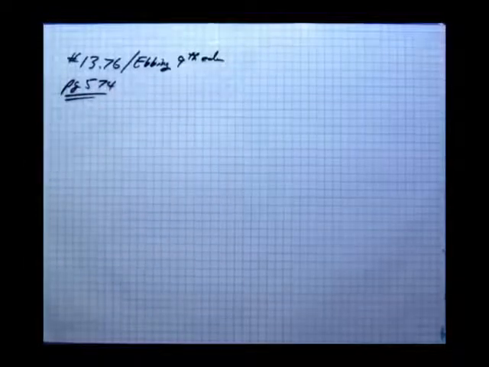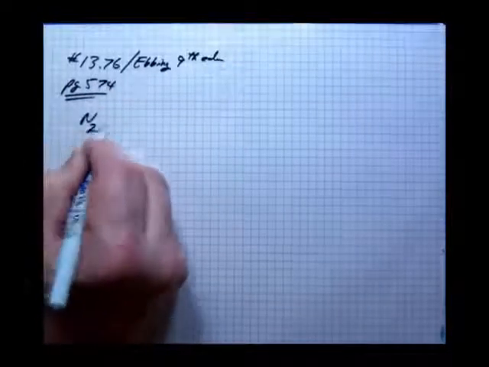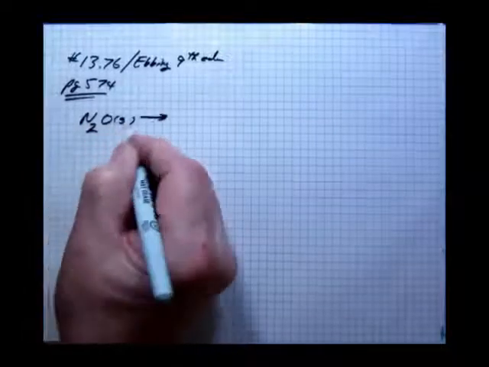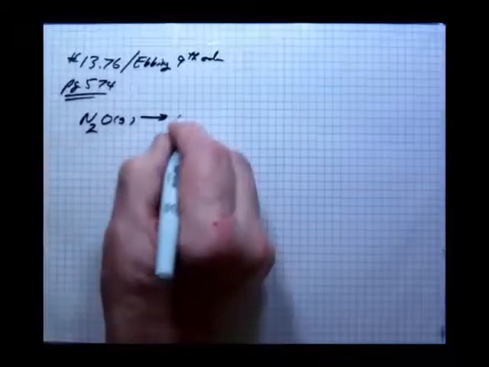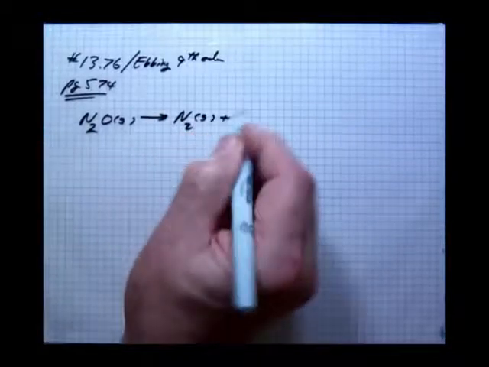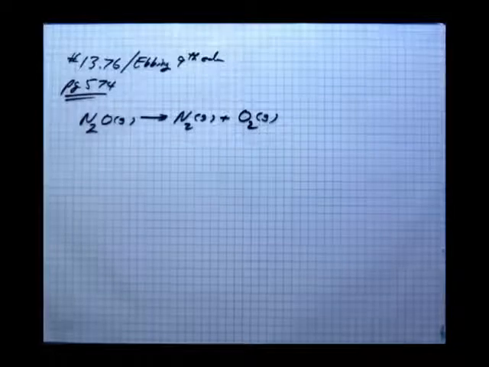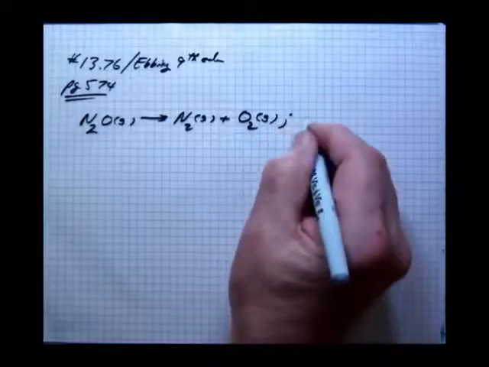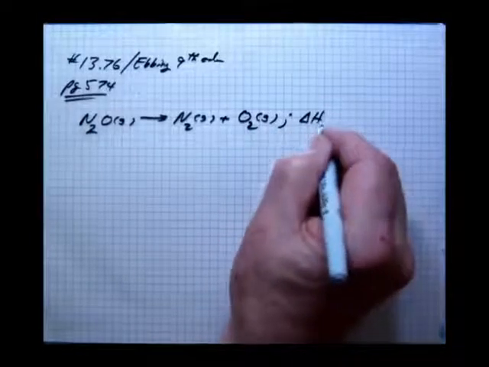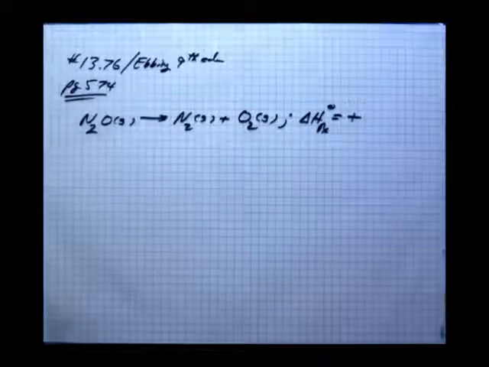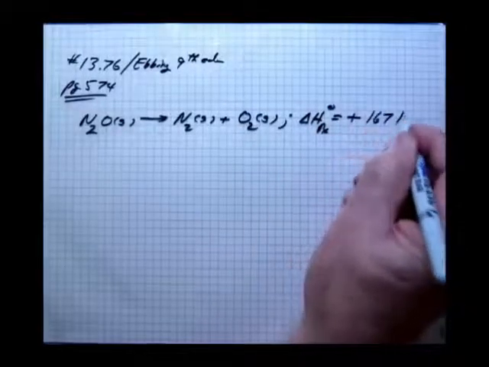Okay, anyway. The reaction is N2O, nitrous oxide, as a gas, goes to nitrogen and oxygen, gas. It is an endothermic reaction. How do I know? Delta H of reaction is equal to plus 167 kilojoules.